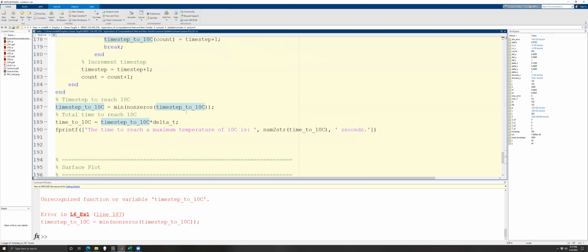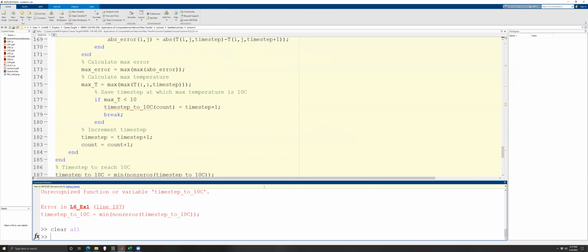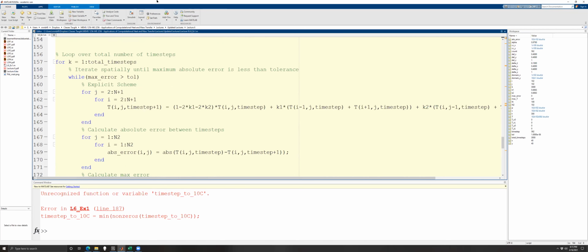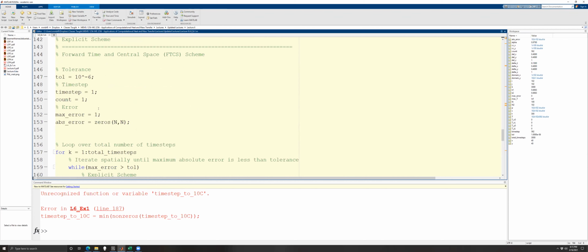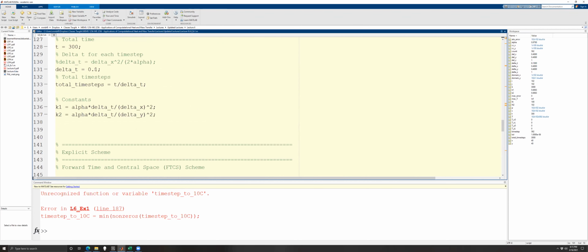Min non-zeros time step if max t less than 10. Let's do this. Let's see if it will run from the start. Nope. Yep.